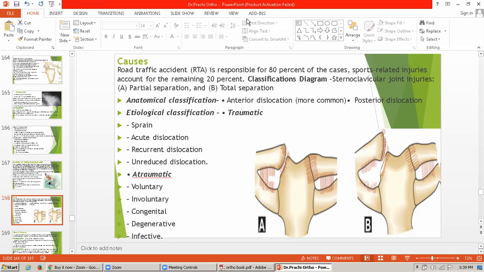Anatomical classification shows that anterior dislocations are more common, and second is posterior dislocation.